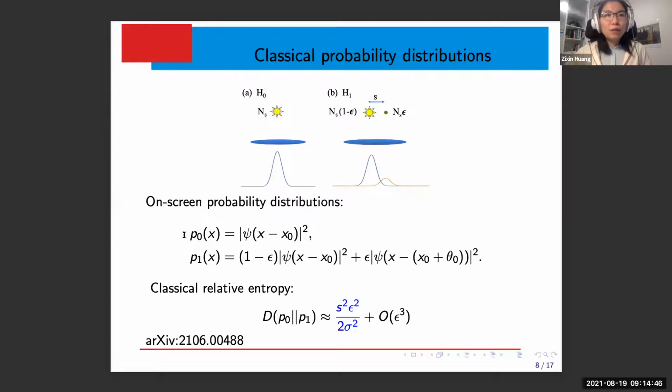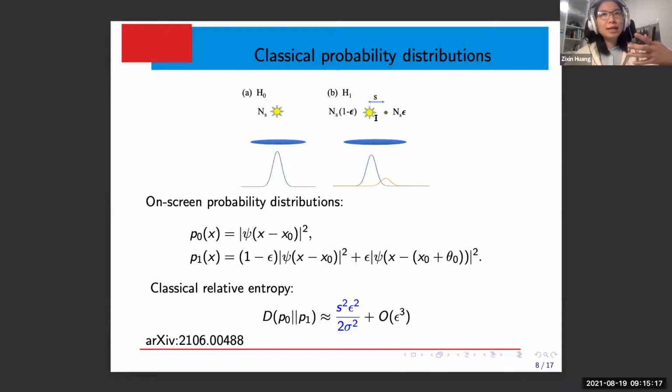So these are the classical probability distributions, and we can go ahead and compute the classical relative entropy. Because the classical relative entropy, i.e. the error exponent, sits inside the negative of an exponential, we want this quantity to be large. Now, if we calculate the classical relative entropy of these two probability distributions, it scales as s squared and epsilon squared.